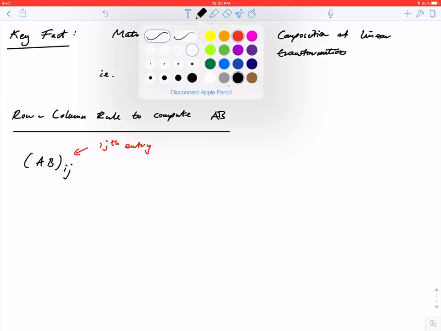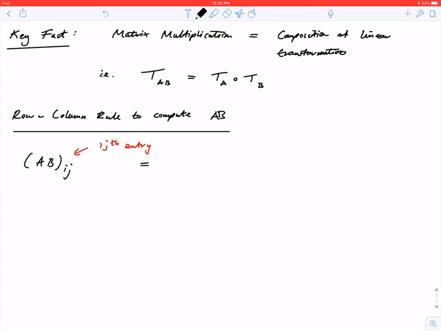It turns out this is equal to the following: A_i1 B_1j plus A_i2 B_2j, and it follows that pattern until A_iN B_Nj. Now that is really useless the first time you see it.